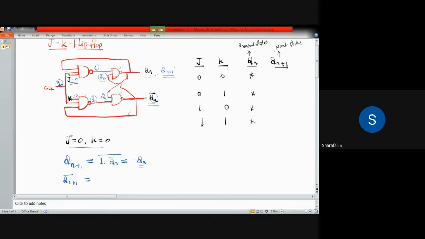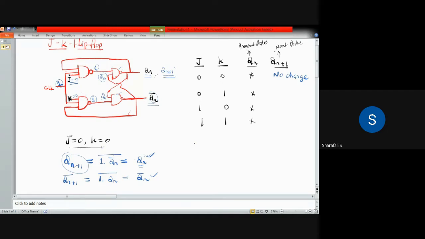So 1 dot Qn will come here, and the complement of that, 1 dot Qn whole complement, will come as Qn bar. The present state is Qn and Qn plus 1 is also Qn. Both are the same, and we can say that particular state is no change. In that configuration there is no change in your state, because you are getting the present state itself.